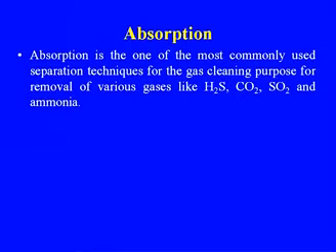Another process, as I told you, is absorption, which from the very beginning has been used in some form in the chemical process industry. It is one of the most commonly used separation techniques for gas cleaning, for the removal of various gases like H2S, CO2, SO2, ammonia, even chlorine. We use absorbents for absorbing these gases for removal even in the process industry.